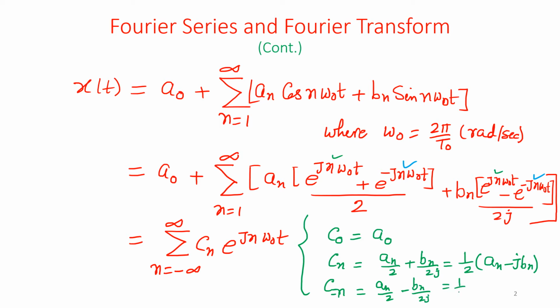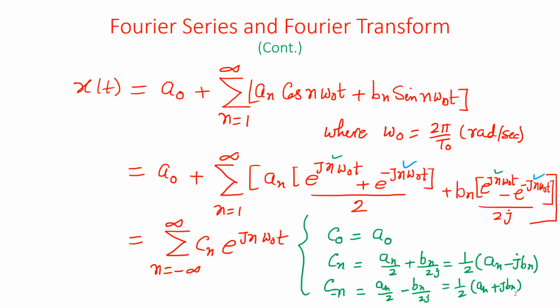So it is half of an plus j bn. You multiply both numerator and denominator by j. So j squared will become minus 1, minus minus plus. So it is becoming plus. So this is the relation between Cn and An and Bn.